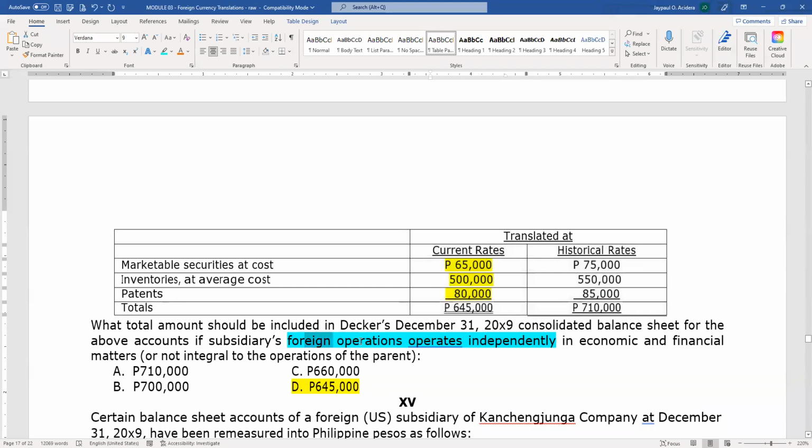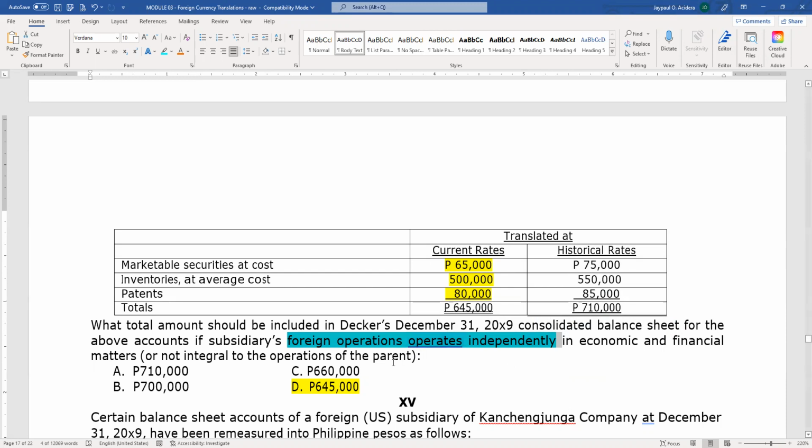So since the foreign operations operates independently, so that means we have to use the rule in method 1. No? So the rule in method 1 is to use current rates for assets and liabilities, whether monetary or non-monetary.